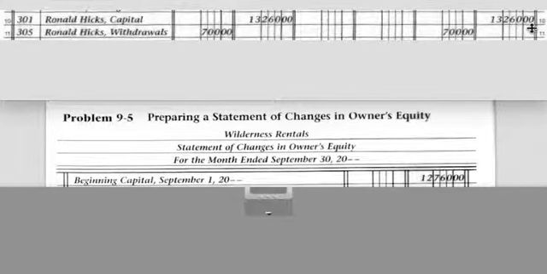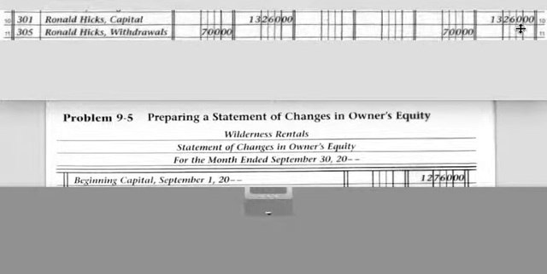That is the ending capital balance. To find the beginning capital balance, we have to find out if there were any investments made during the month. If you look in the instructions for problem 9.5 on page 227 of your book, it says that Ronald Hicks made an additional investment of $500 during the month of September.